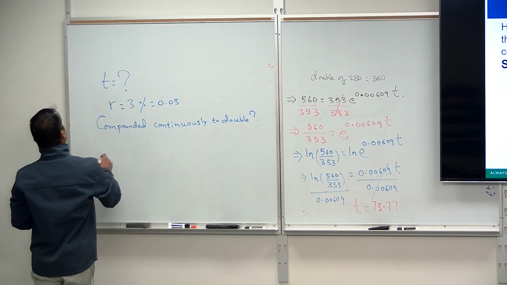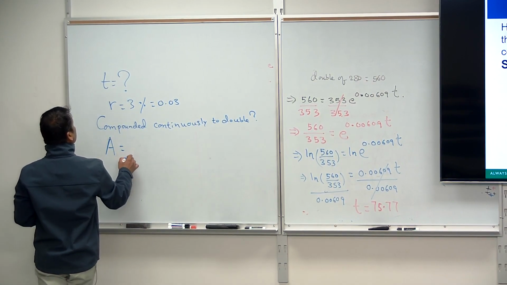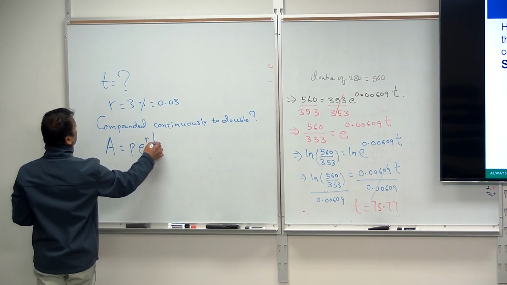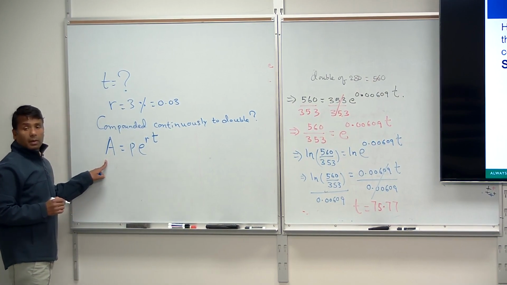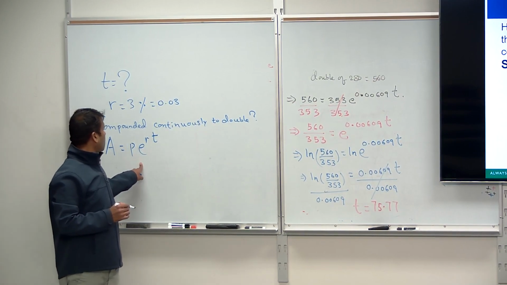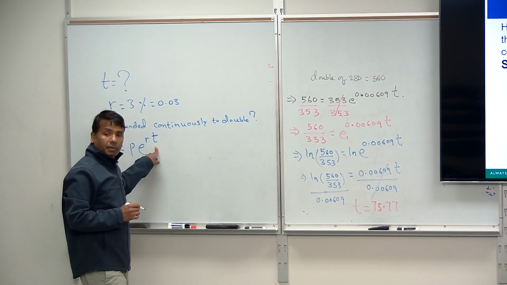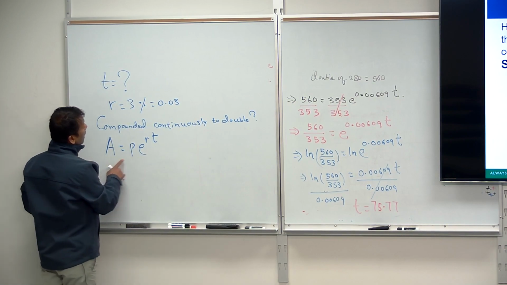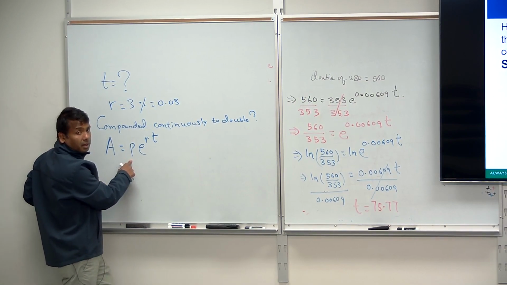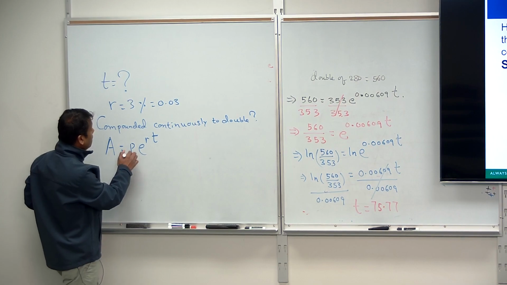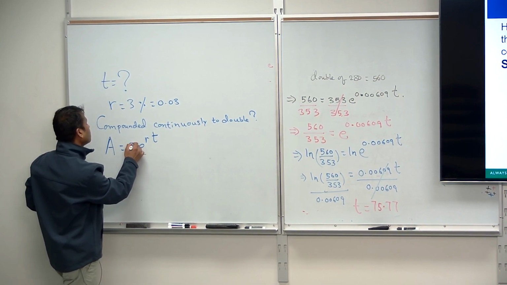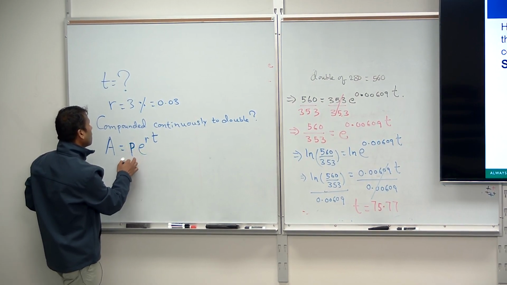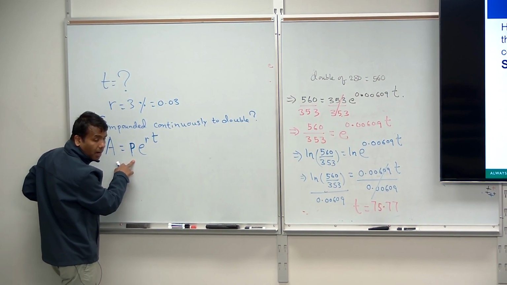So this is the formula, guys, for the continuous compounding, okay? A equal to P e to the power RT. R is the rate of interest. So this is the amount, and this is the what? Initial investment or principal. The money at the beginning.